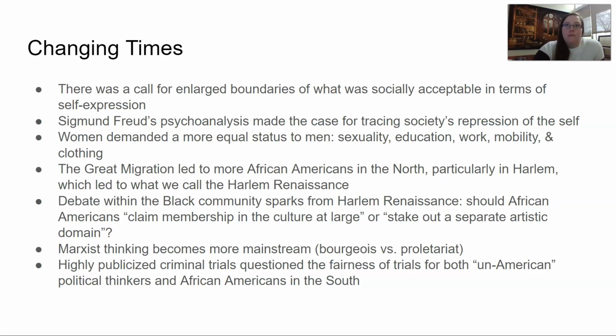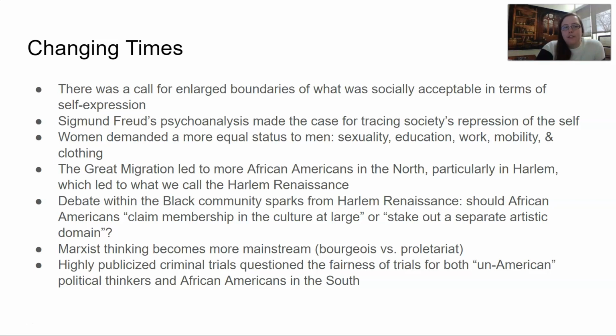The bourgeois is like the owners, the people who own the companies and who make the rules and who have more wealth, versus the proletariat, which is the working class. Marxism is basically more power for the working class in this early 20th century thinking.